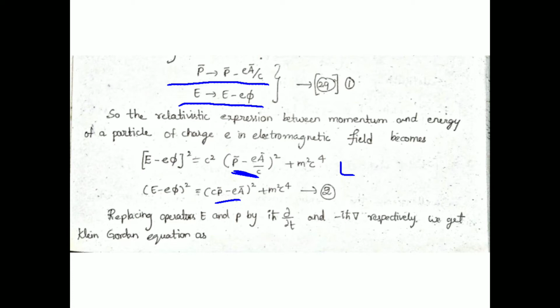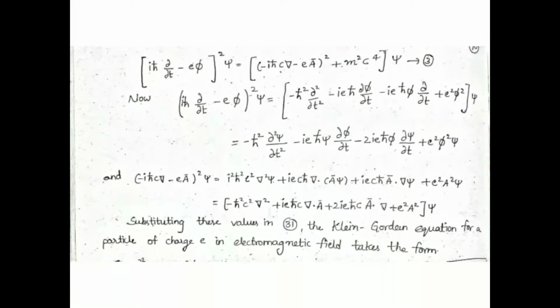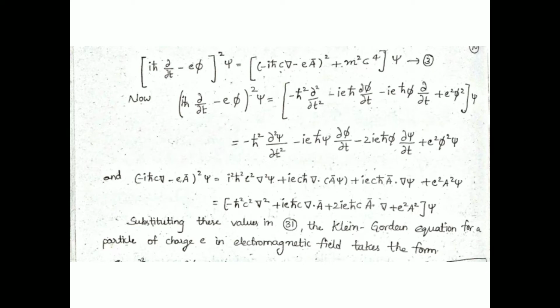The energy operator is nothing but i h-bar partial by partial t, and the momentum operator is nothing but minus i h-bar del. Respectively, we get the Klein-Gordon equation as follows. This is the Klein-Gordon equation we get after the substitution.